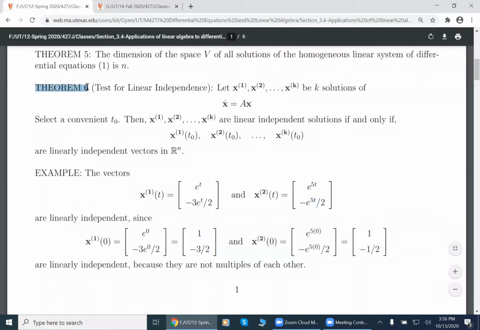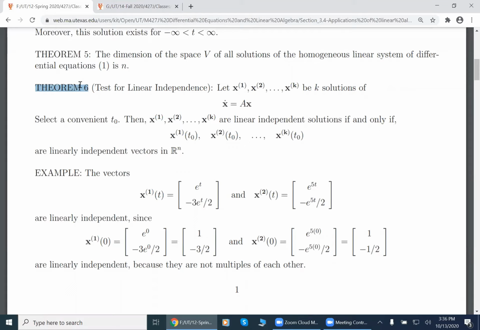Theorem 6 helps us to determine whether or not our particular solutions are independent. Theorem 6 says the following. If we have k particular solutions of our system, these k particular solutions are linearly independent if and only if these matrix columns are linearly independent.